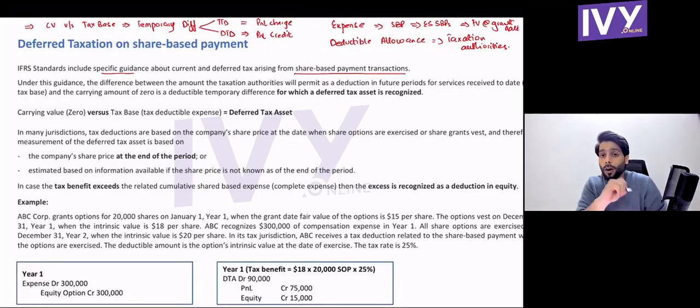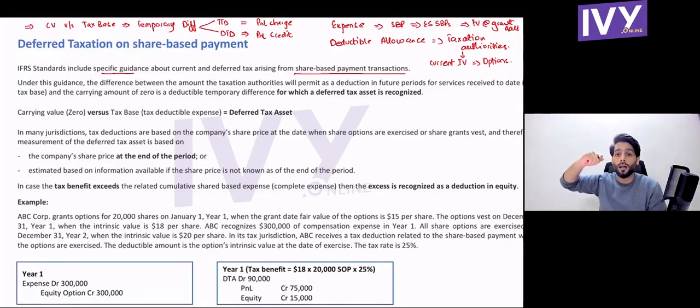But the taxation authorities may allow a deductible allowance in such a transaction based on the current intrinsic value of those options. You remember, in equity settled share-based payments, we did not perform mark-to-market valuations. That means we always followed fair value at grant date, the initial fair values of the options. But the taxation authorities may allow a different expense which is based on a different value. Hence, temporary differences would arise.